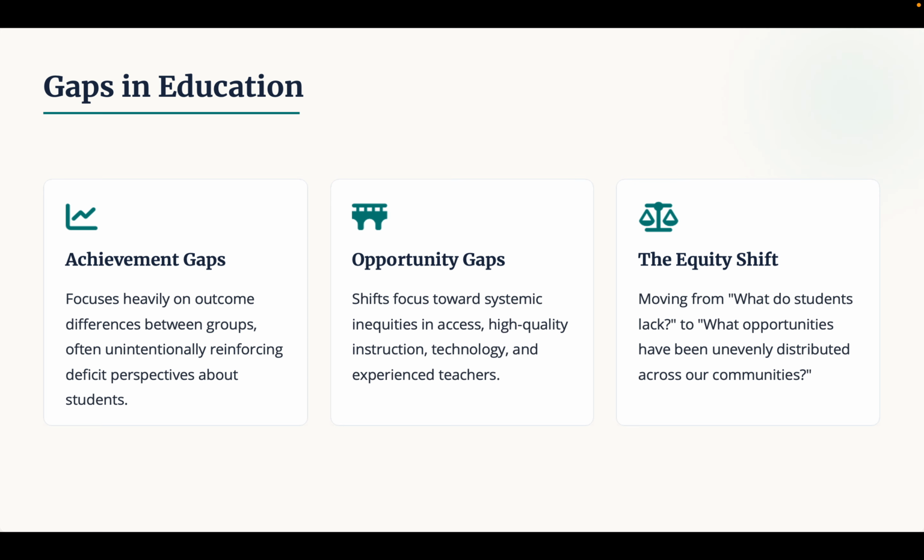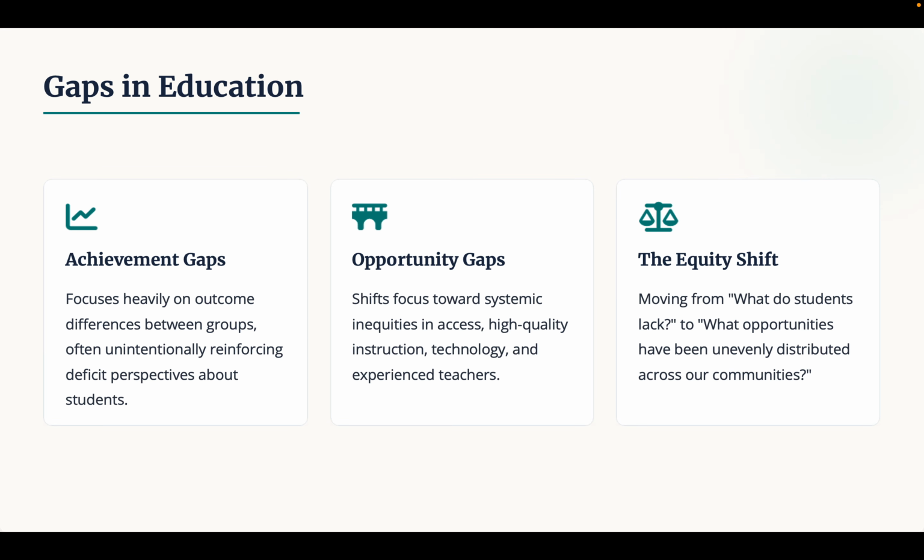This week's readings also encourage us to think critically about what we've been calling gaps in education. Educational conversations often focus heavily on achievement gaps, which emphasize differences in outcomes between groups of students. However, many scholars argue that focusing only on achievement gaps can unintentionally reinforce deficit perspectives.